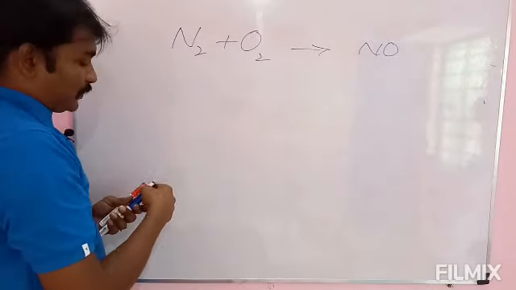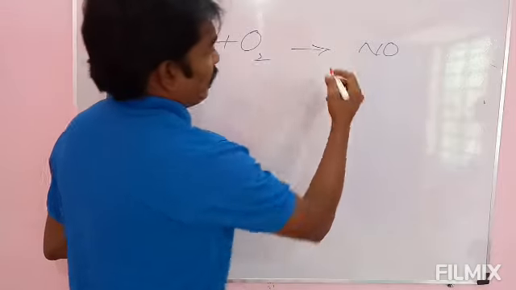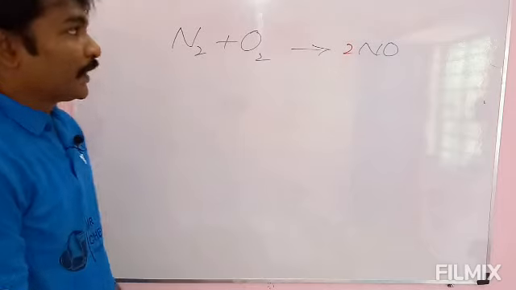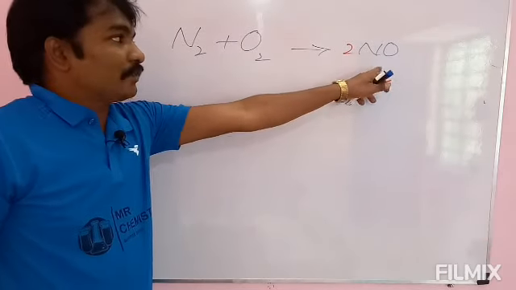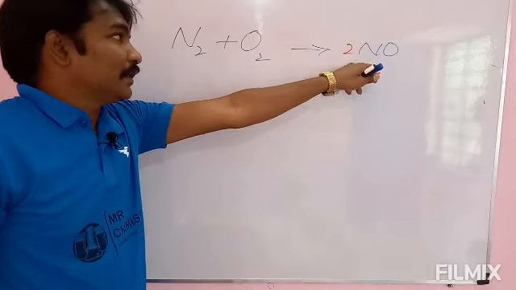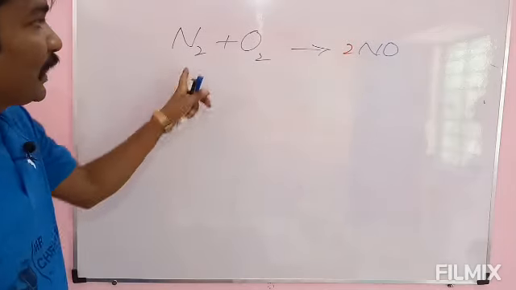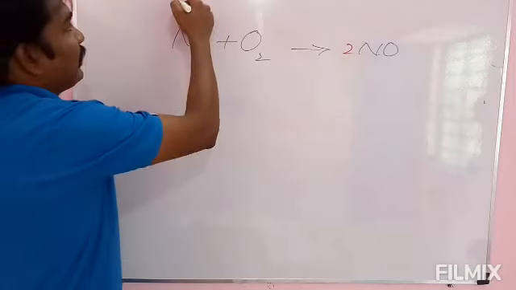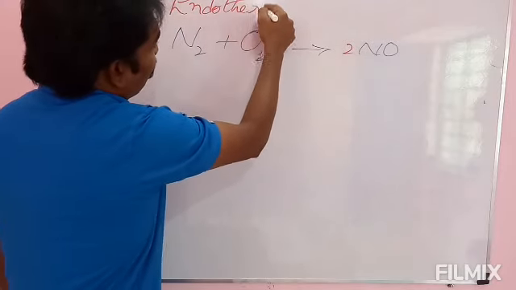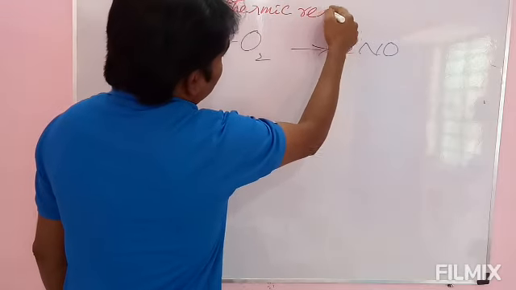See here, 2 nitrogens, here 1 nitrogen, I am writing 2 here, and the 2 oxygens are balanced. Nitric oxide, nitrogen monoxide, both are the same. Formation of nitric oxide from nitrogen and oxygen is a heat-absorbing reaction. That's why it is called an endothermic reaction.